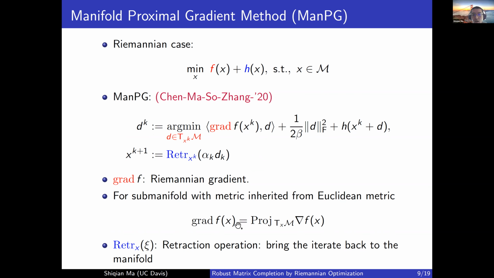As Andrew mentioned in his talk, if the manifold is a submanifold embedded in the Euclidean space, and we use the metric inherited from the Euclidean metric, then the Riemannian gradient can be computed as the projection of the Euclidean gradient onto the tangent space.